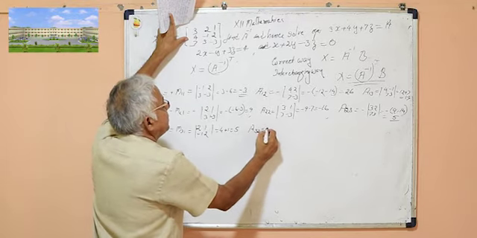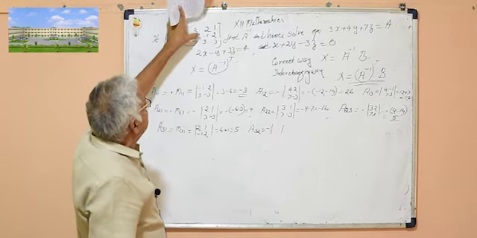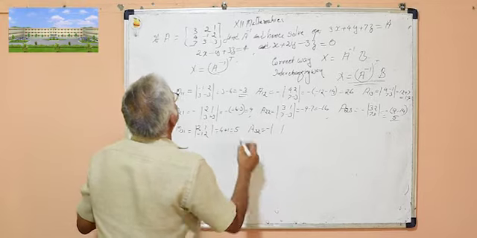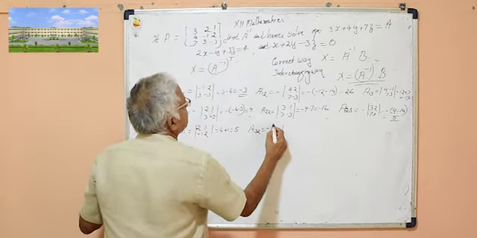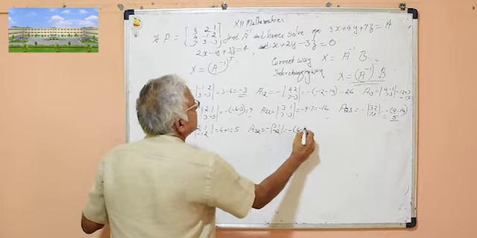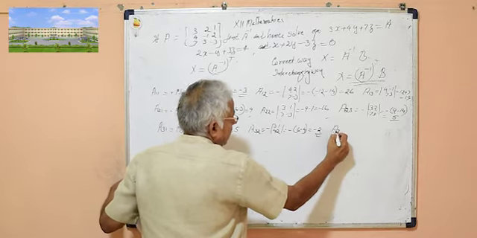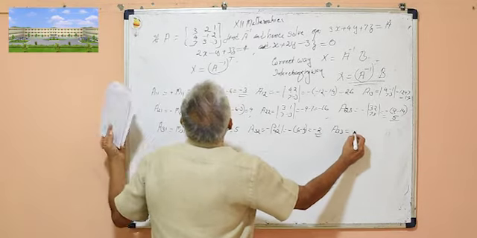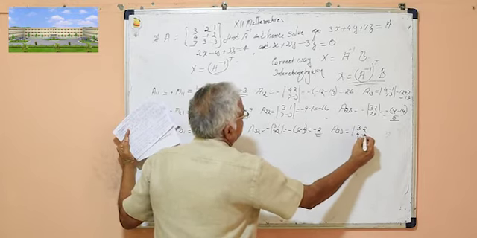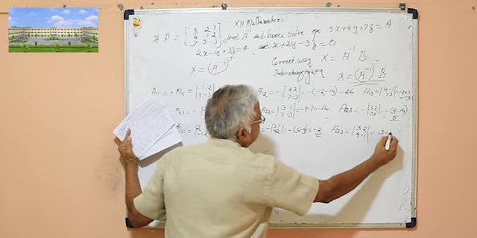A32 negative into delete the row and column containing the third row and the second column, 3 1 4 2. Then we get minus 6 minus 4, minus 2.